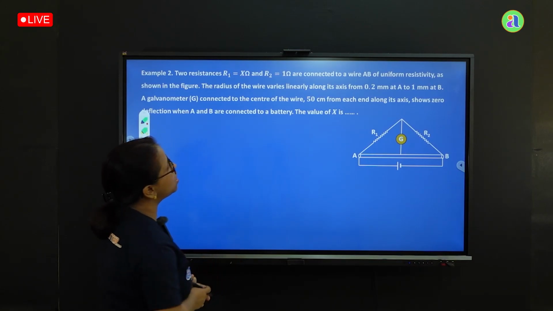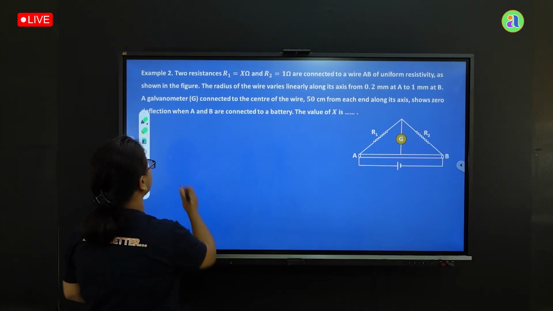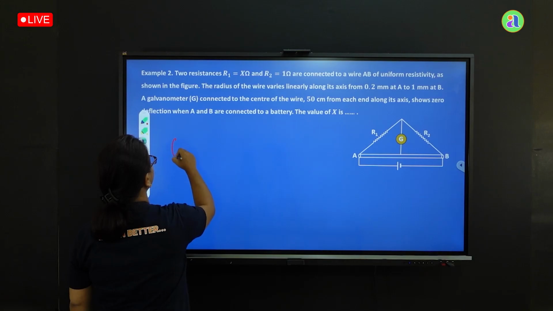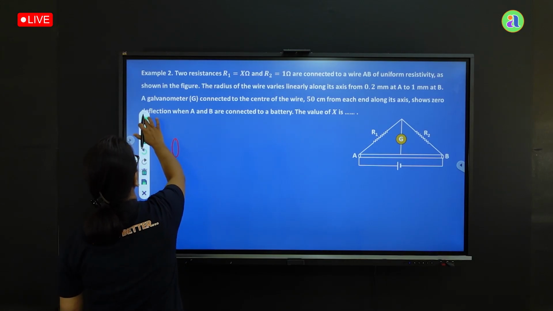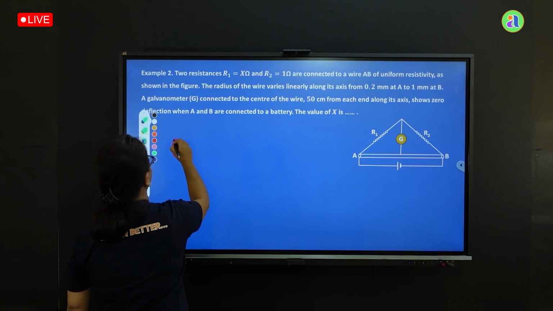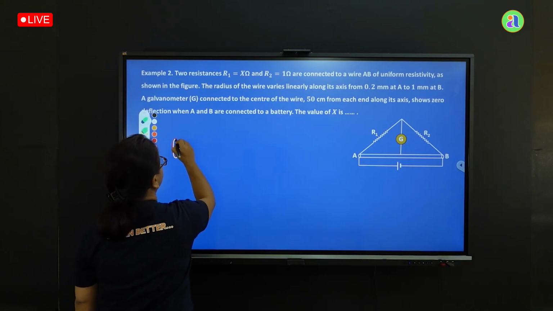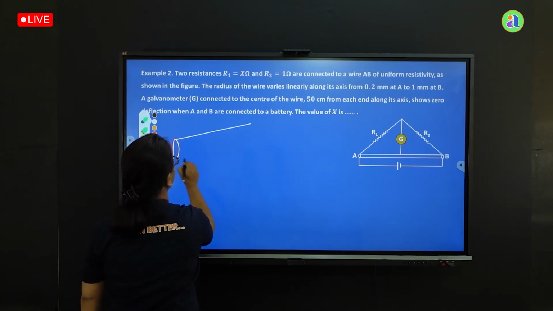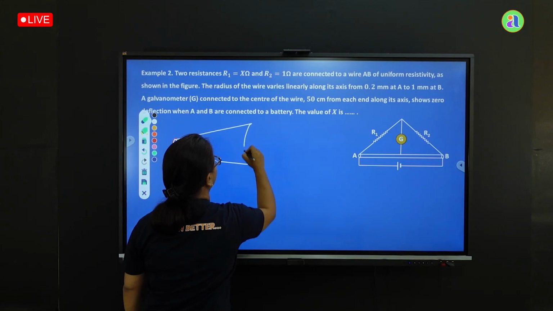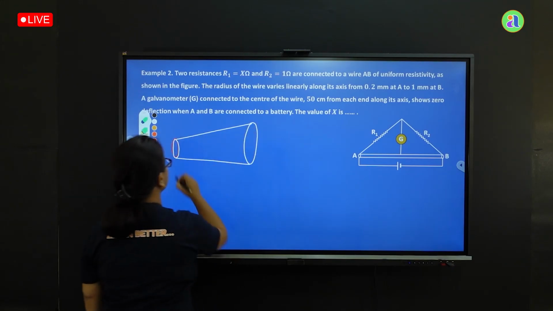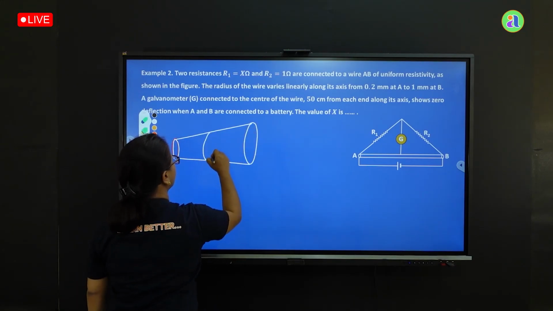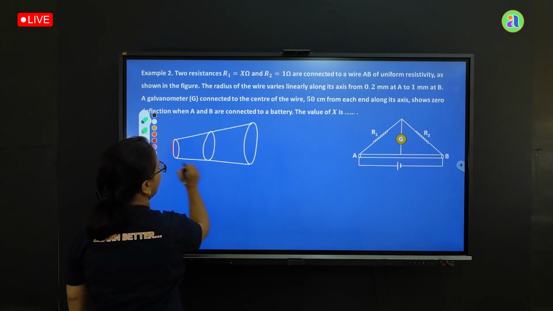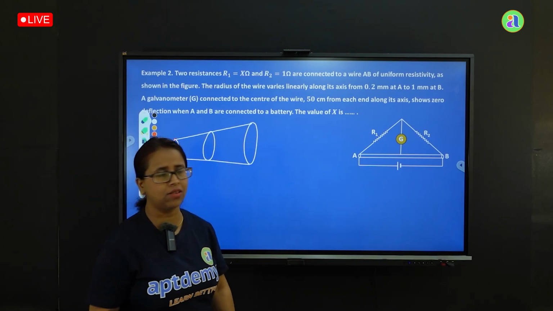So imagine the variation of radius along the axis. Can you imagine? If this is the wire, its shape is varying along the axis. So you can see that this is in fact the shape of the conductor here.